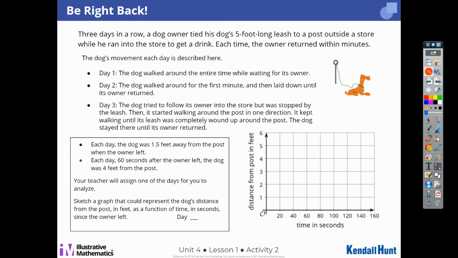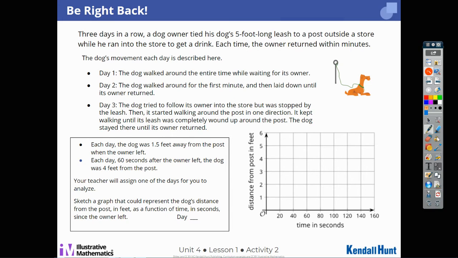All right, so let's look at another problem. We've got a dog. He's being put on a leash tied to a post. So the dog's leash is 5 feet long, so that's as far as the dog can move away from the post. And day 1, the dog walked around the entire time while waiting for its owner.